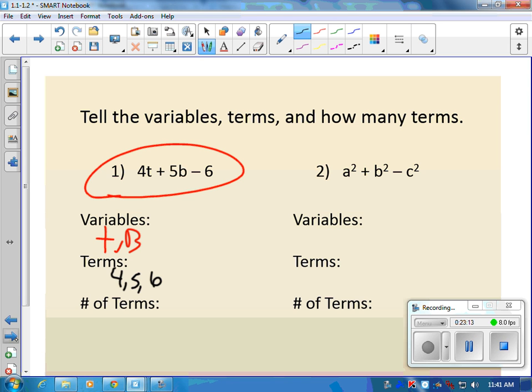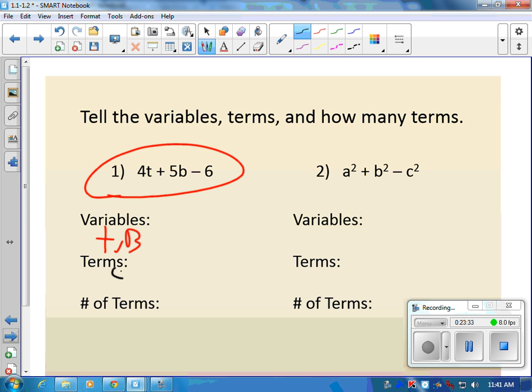I would go with -6. Sign is important. But I also think you're missing something. Zach, what's he missing? When we're listing the terms, that includes the product. So that includes the coefficient and the variable. So let's make sure that we're writing those correctly.